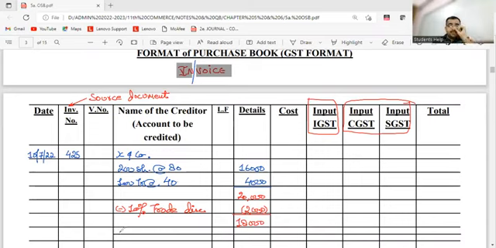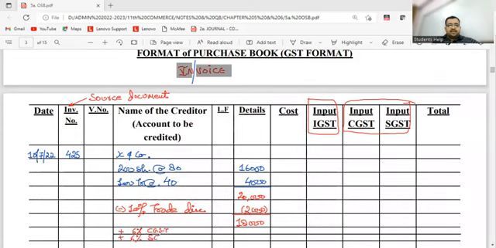Let us take an example that this purchase is having a GST percentage of 12%. So when we'll divide it, it will have 6% CGST, children, and it will have 6% SGST.